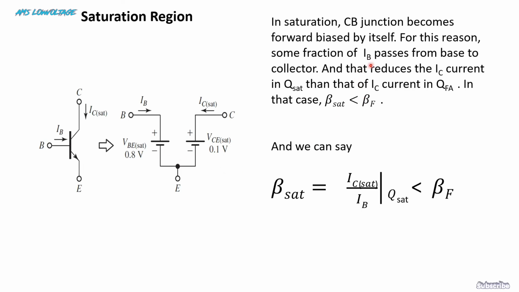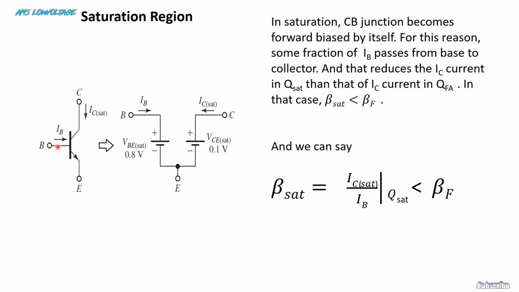And for that reason, some fraction of current of IB just gets separated, or it just splits in two parts. One is going in that direction and another will go in that direction.